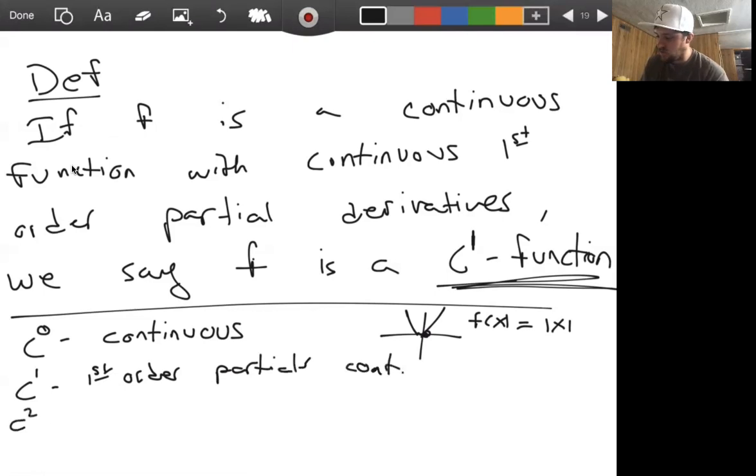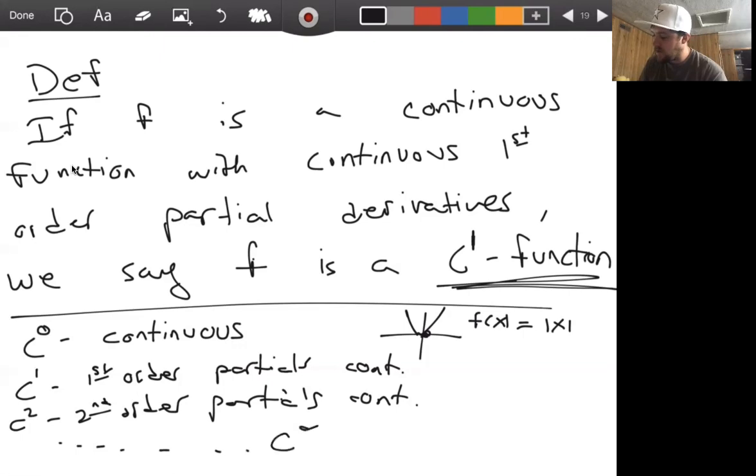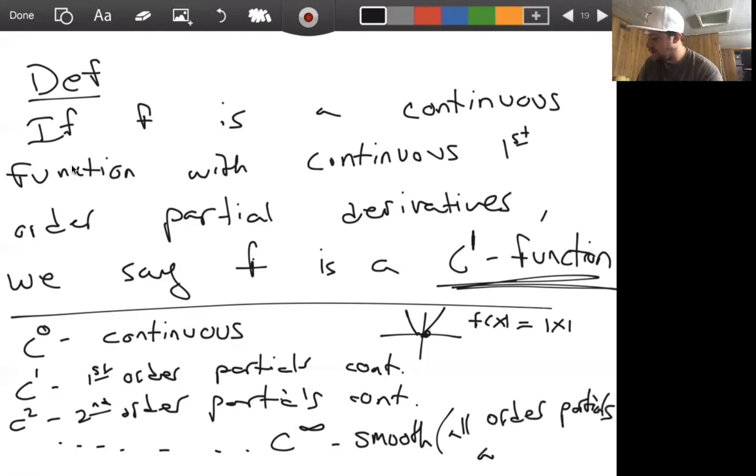C2 would be all second order partials are continuous. And then C3 up to Cn, you get the idea. And then you get C infinity, which we say are smooth functions. This is all order partials are continuous.